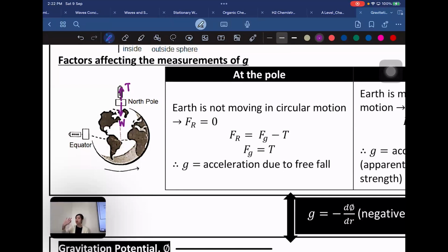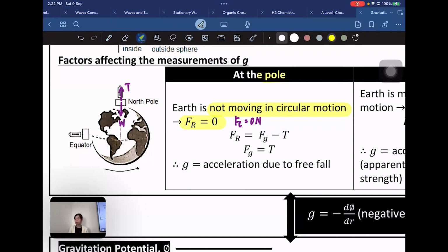Now, as my Earth rotates, what do you realize about the block? As the block rotates, the block is above a sphere. As the sphere rotates, does the block move? No. That means at pole positions, the block is not moving in circular motion. You see that? The block is just there. So centripetal force is taken to be 0, and hence there is no resultant force, because your centripetal force is your resultant force. Okay?